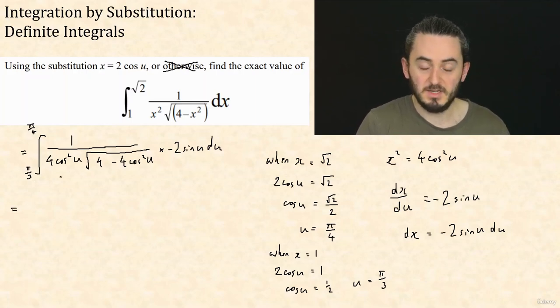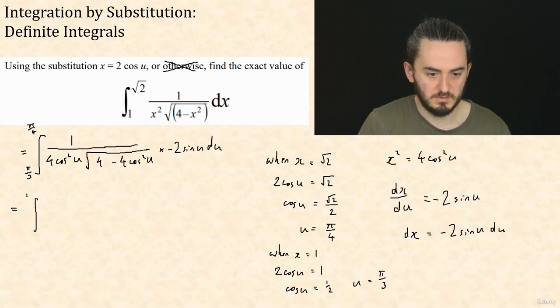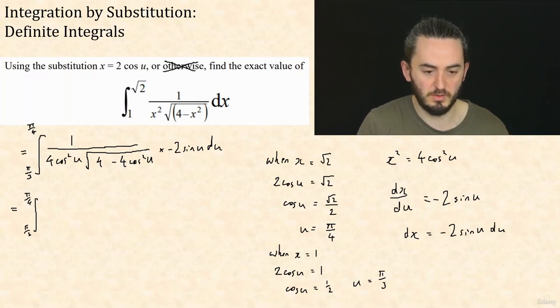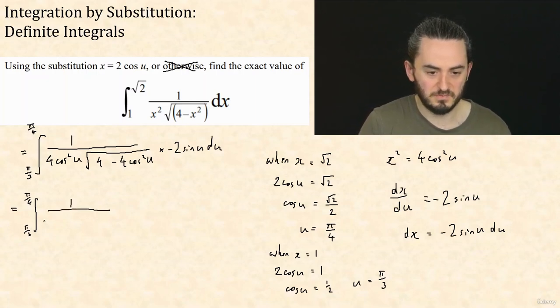Okay, let's see if we can clean this up a little bit. So keep my limits, pi over 4, pi over 3. One little detail you'll notice is the top one here is actually smaller than the bottom one here. We'll tidy that up in a second. So I've got 1 over 4 cos squared u. And what have we got here?